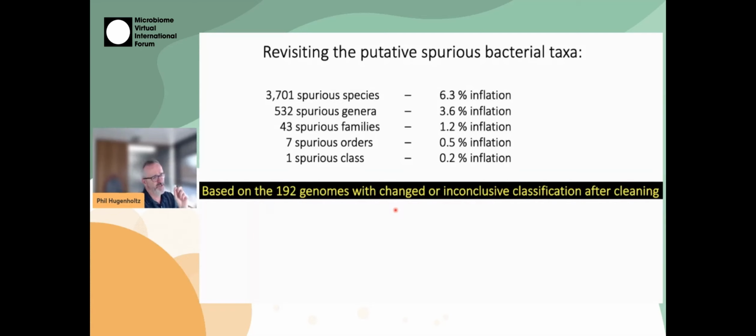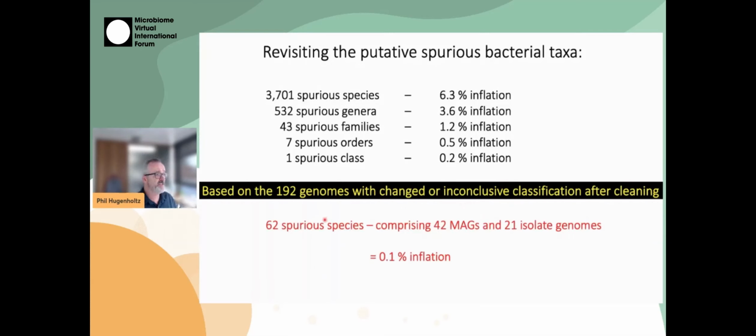If you then propagate this back to these 192 genomes, using the same criteria as the original ones, that the species has to be represented by a fully failed genome set, you end up with only 62 spurious species, comprising 42 MAGs and 21 isolates. So 61 of these spurious species were singletons, just one representative, and one of them had two. That represents a 0.1% inflation of the R207 taxonomy.